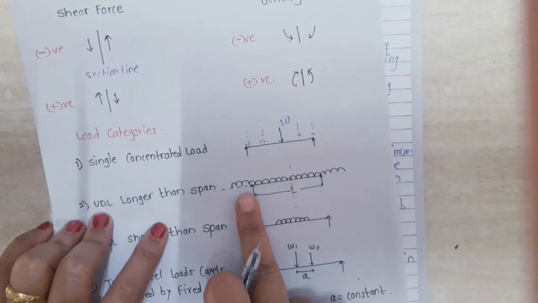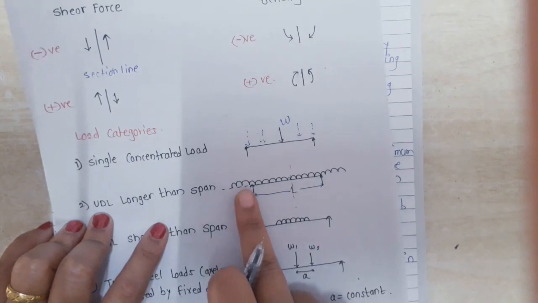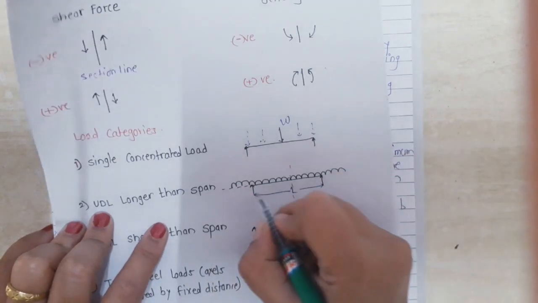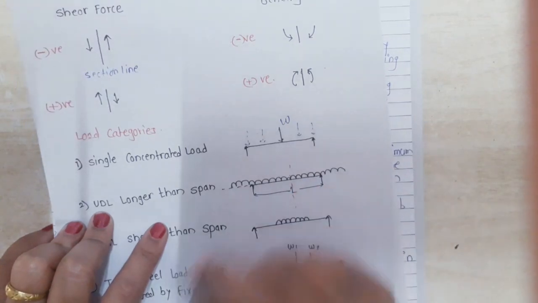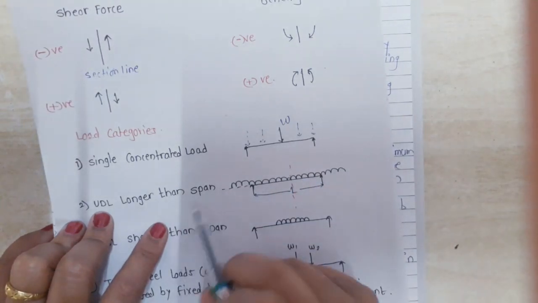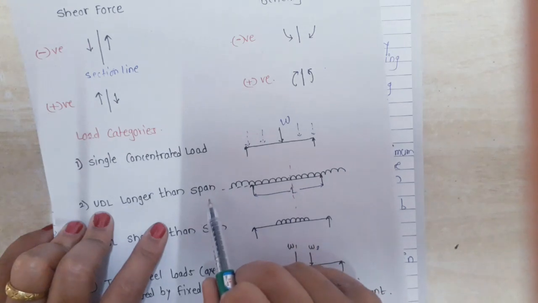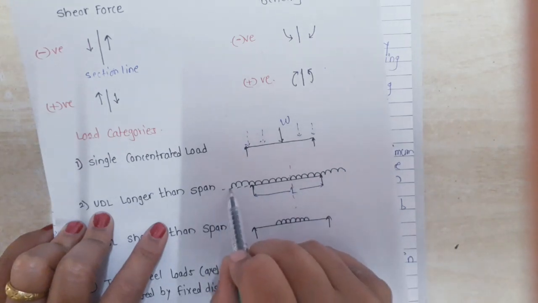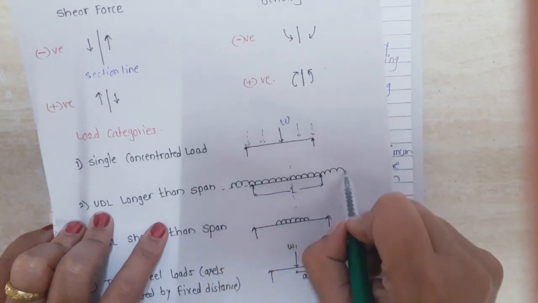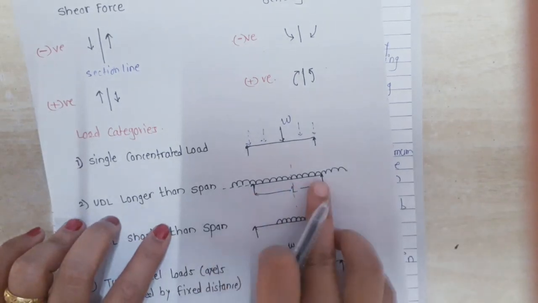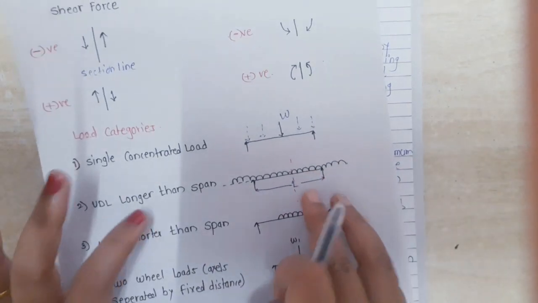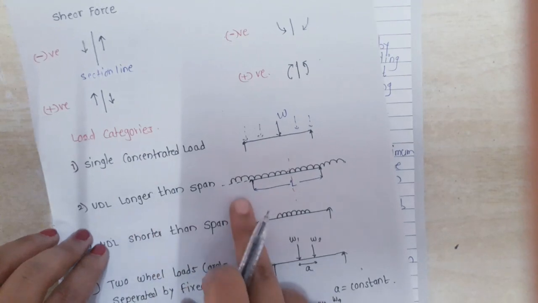What is the example of that category? It is a railway. If the railway starts from this point to this point, and a train is passing on this rail, with the starting point over here and the ending point over here, the length of this train is more than that track. It means a UDL longer than the span.